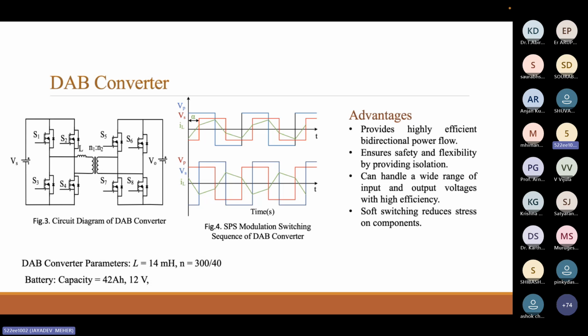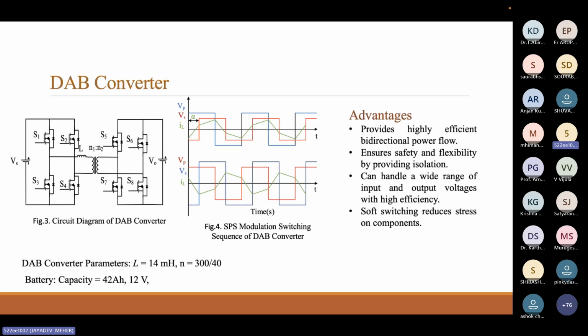It can also handle a wide range of input and output voltage with high efficiency. Some literature already proves that using a DAB converter, charging and discharging can give up to 98% efficiency. It also provides isolation between the DC link and the battery, which a bidirectional boost converter is unable to provide.